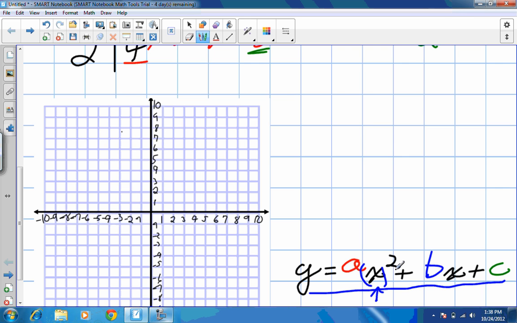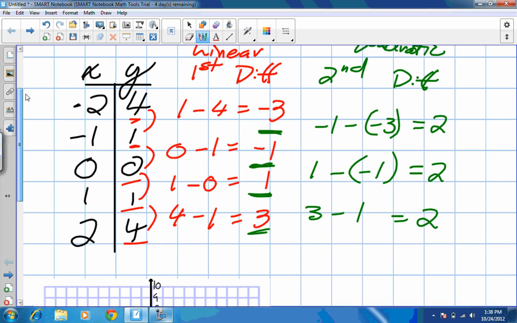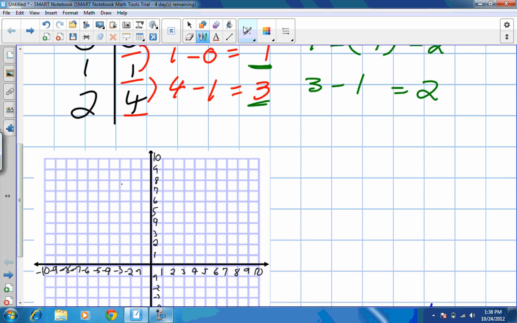So all that factoring we were doing before, we were actually working with quadratic expressions. In fact, we'll plot those points that we had above: -2, 4, -1, 1, 0, 0, 1, 1, and 2, 4. Okay, we're going to plot those points to see what this relationship would look like on a graph.